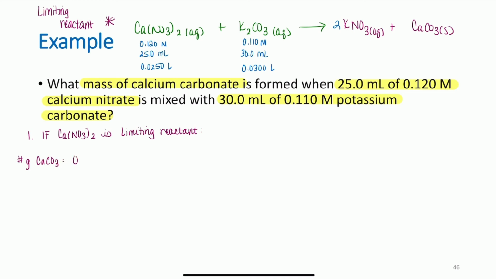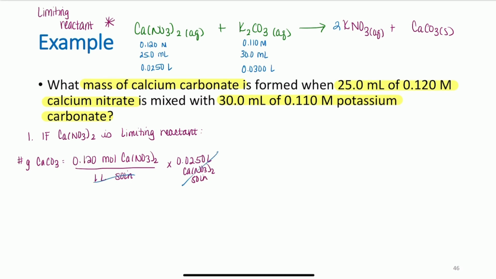I know I have a 0.120 molar solution, which is 0.120 moles of calcium nitrate per 1 liter of solution. And I have 25 milliliters of that solution, or 0.0250 liters of that calcium nitrate solution. I multiply my volume by my molarity because that gives me moles of my calcium nitrate.